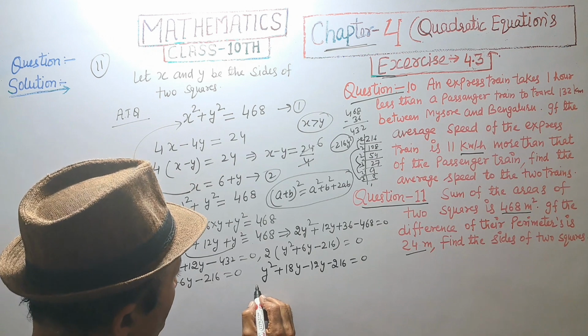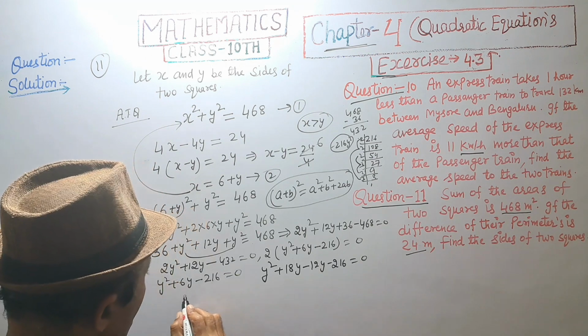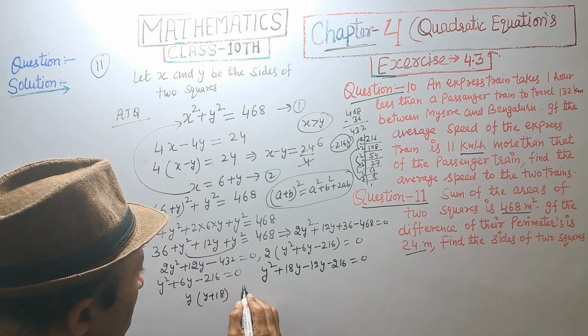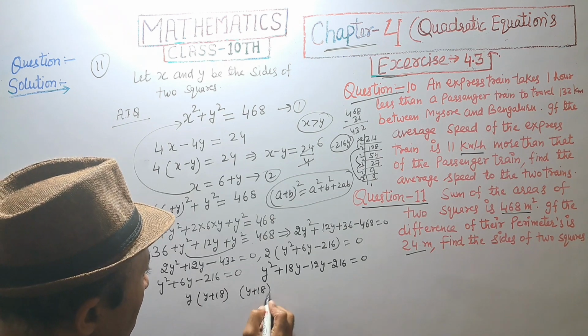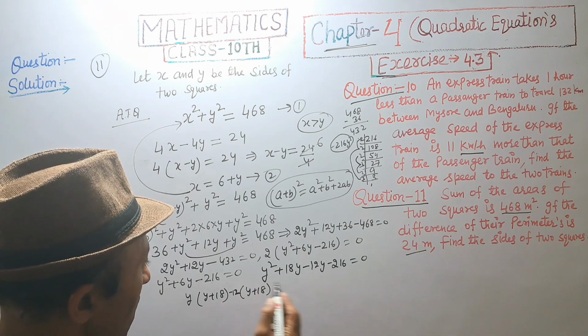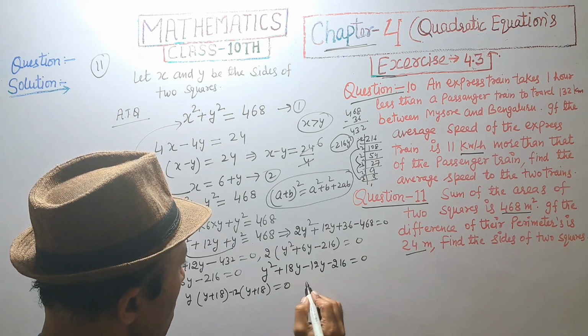But we are taking common y, y + 18 in the bracket, minus 12 is common, is equal to 0.